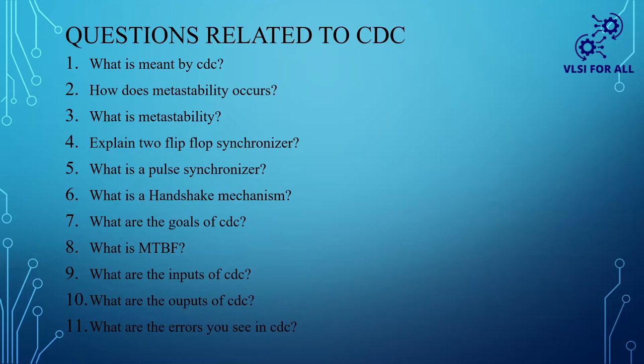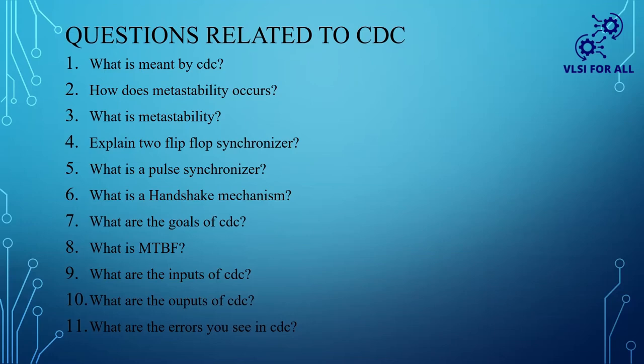According to that, we will have metastability. What is metastability? It is an unpredictable condition where we cannot judge whether the data is going to zero or one. It hangs in between: it doesn't go to zero, it doesn't come to one. That is metastability.